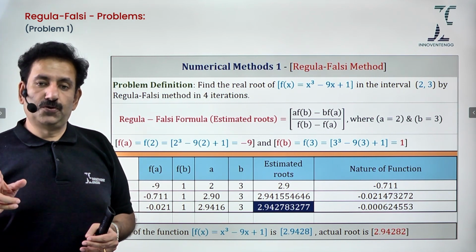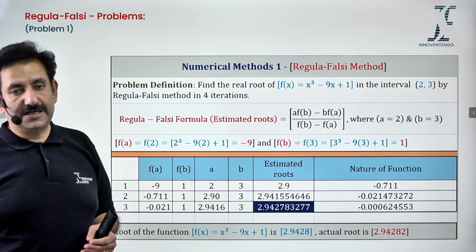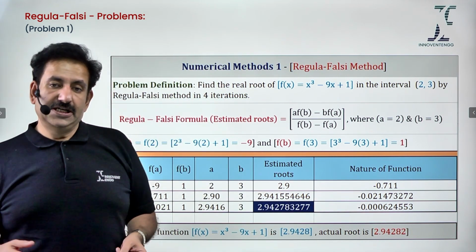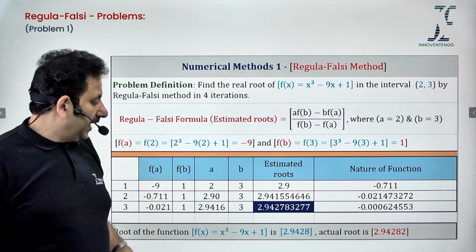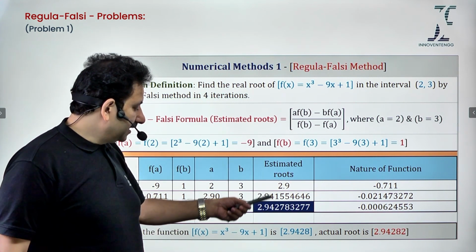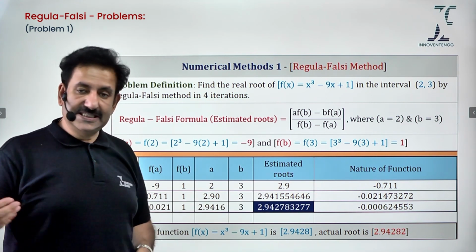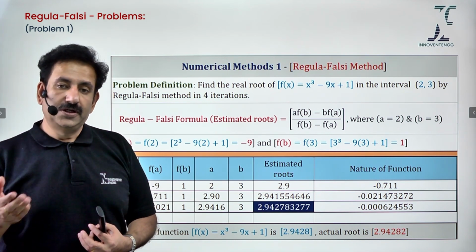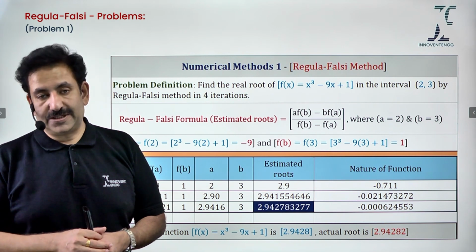And the two rules that you would adopt to halt your iterations are: look at the value of the function, it should almost practically go to 0. And secondly, you will see that the observable change between the estimated roots is almost going to be negligible. So let's look at more discussions on Regula-Falsi.